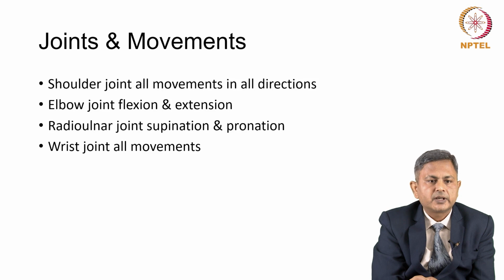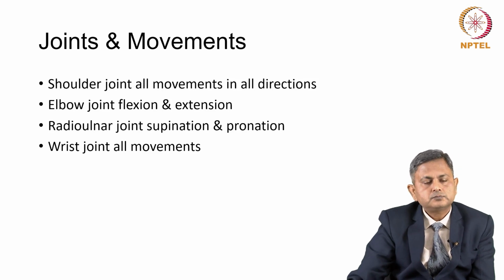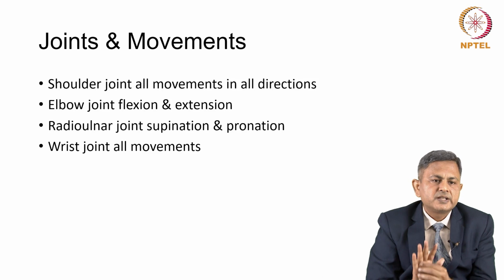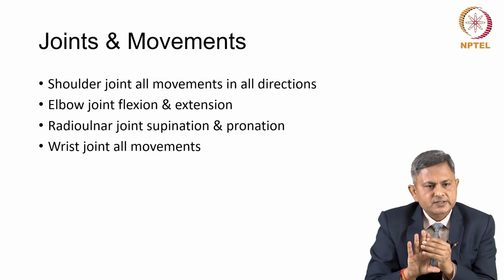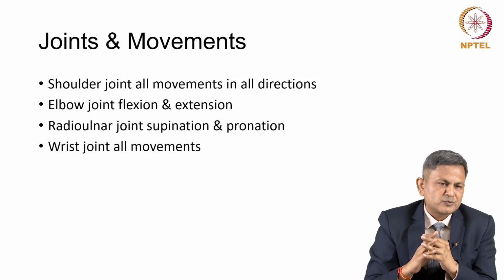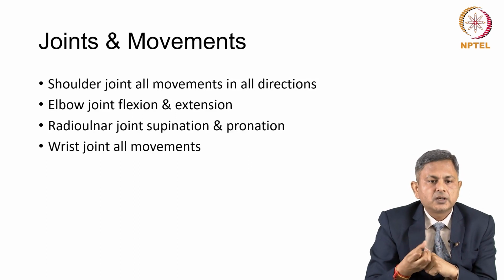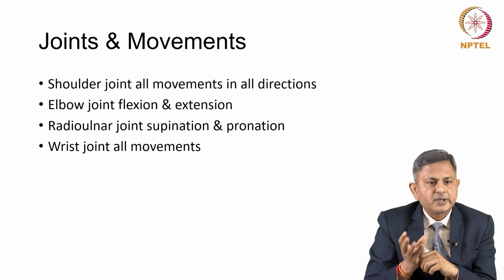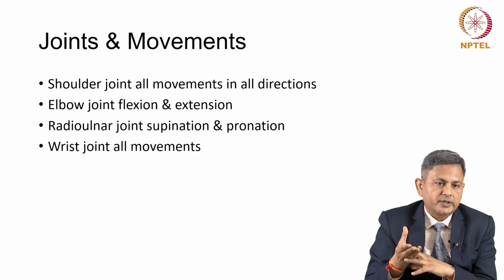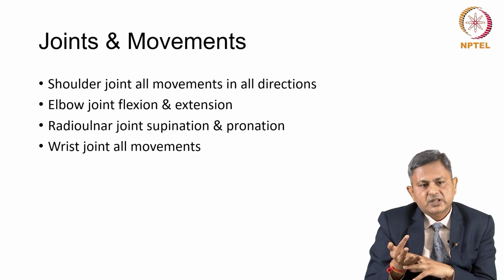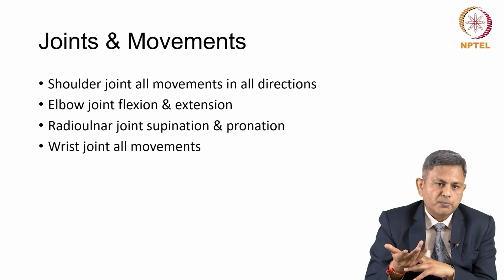A little bit of adduction and abduction. And these are the small joints of the fingers which give flexion and extension. And opposition is the main work of the thumb joint. Touching each and every finger is opposition.